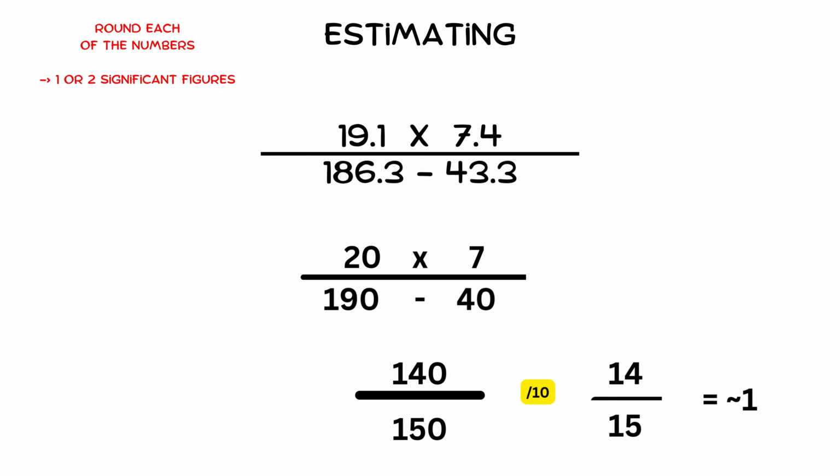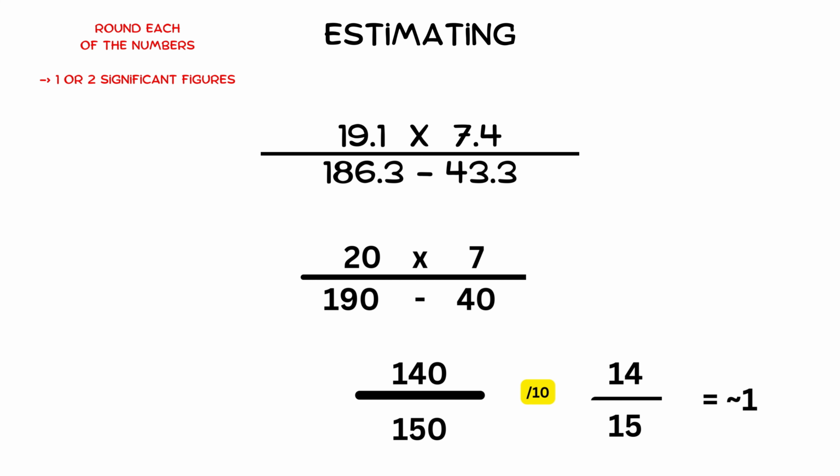Then, to work that out, we could simplify the fraction by dividing top and bottom by 10 to get 14 over 15. And then that is roughly 1. So in the exam, you could just say that the answer is 1.